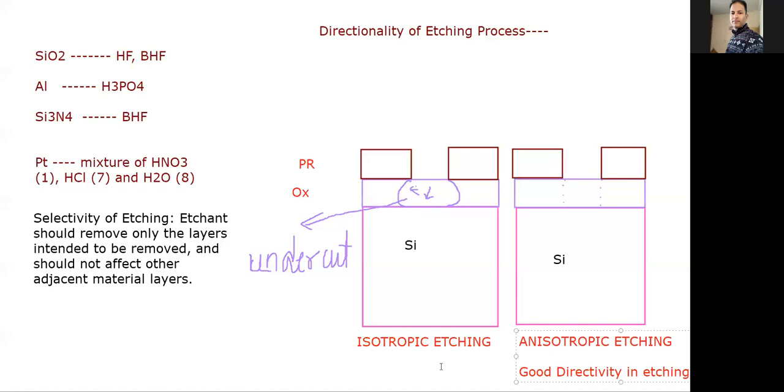Whereas if you see this isotropic etching, in this your directionality is poor. Okay, poor directivity.